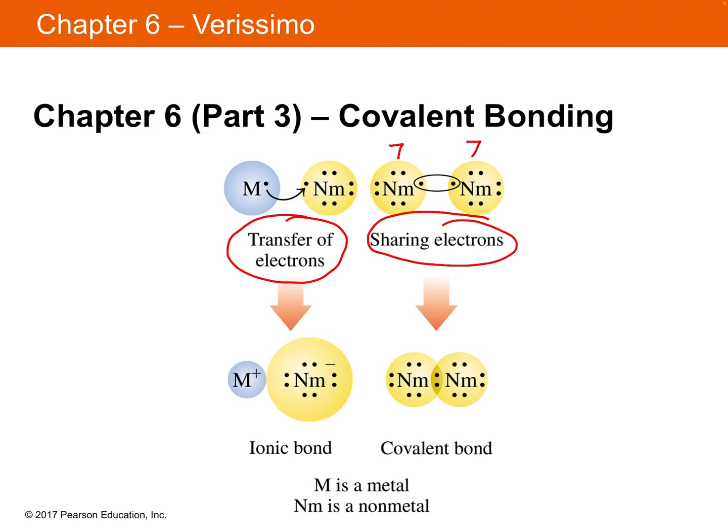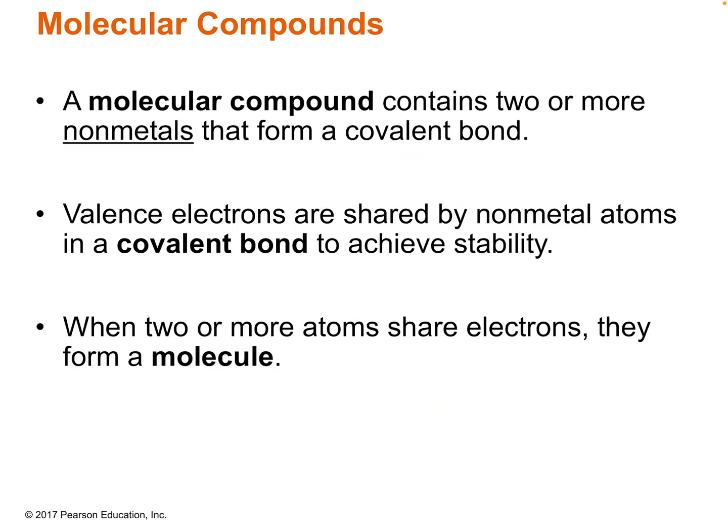So the nonmetal on the left has 1, 2, 3, 4, 5, 6, 7, 8, and the nonmetal on the right has 1, 2, 3, 4, 5, 6, 7, 8. So by sharing those electrons, they each have an octet, and that sharing of electrons is called a covalent bond. Ionic bonds are made between metals and nonmetals, and covalent bonds will be made between two nonmetals. So that's what we'll be covering today, covalent bonding.